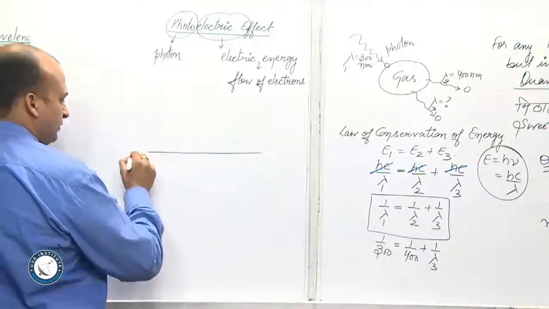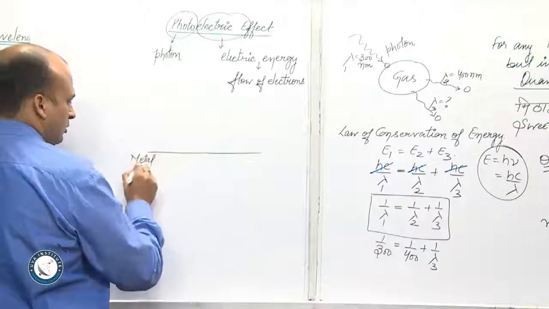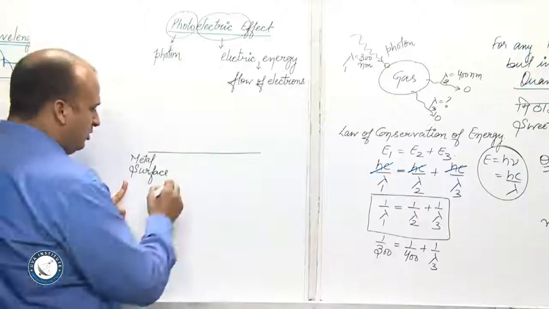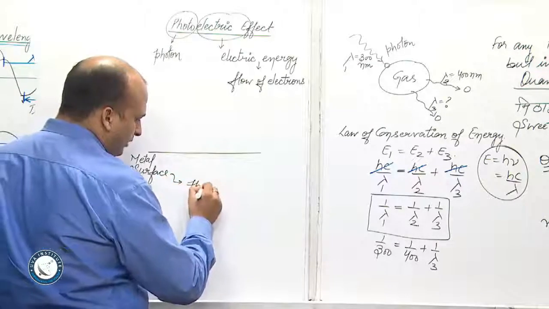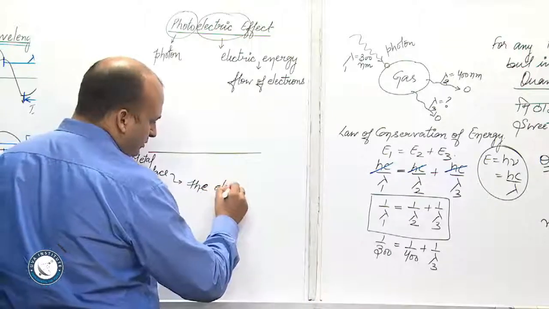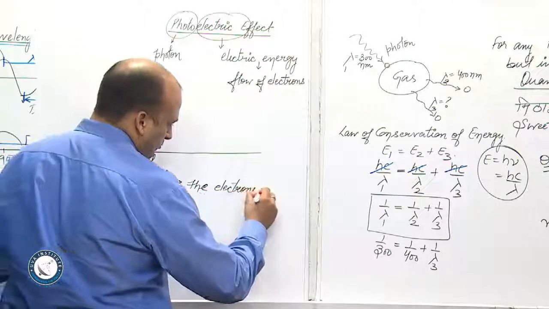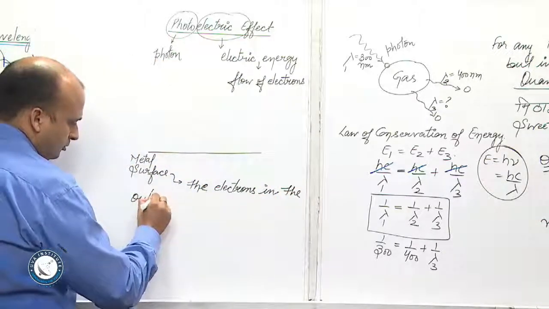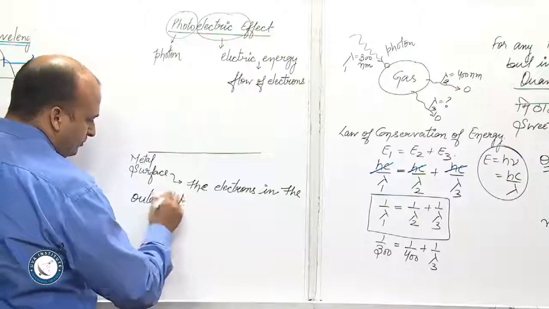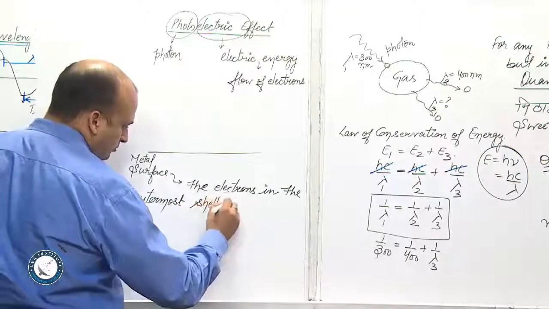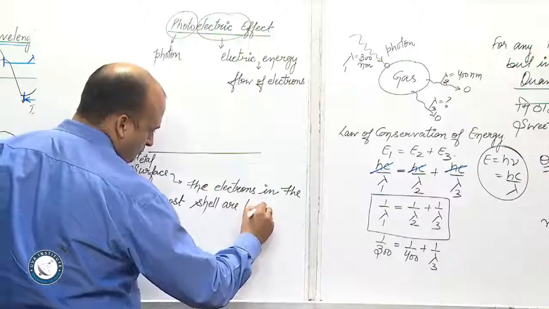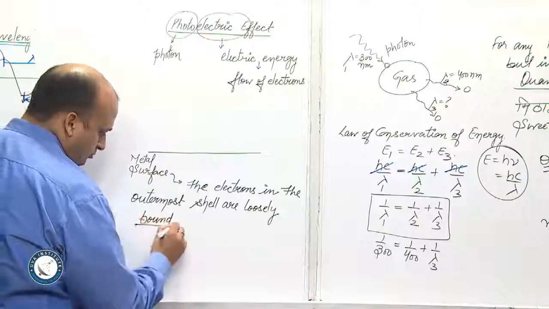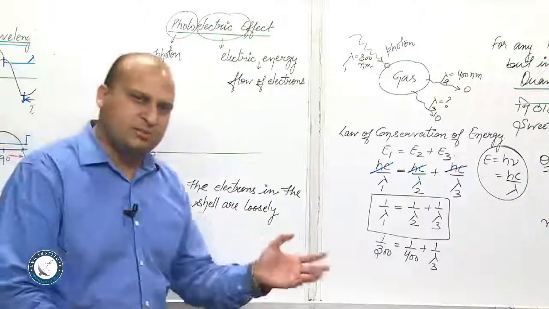So basically what happens over here, beta, this is a metal surface. Now the question arises, why do we take a metal surface? We take a metal surface because the electrons in the outermost shell are loosely bound, so they can be easily taken out.